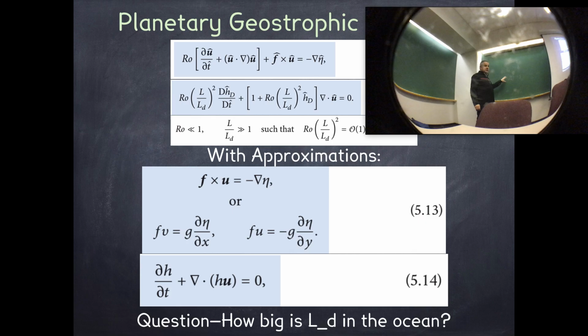And the key with the PG equations is that the momentum equation is just geostrophy, but there's a d/dt that comes from the thickness equation. So we were wondering before how we keep geostrophy because there's no d/dt. How do we solve for geostrophy?